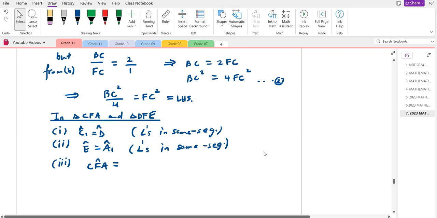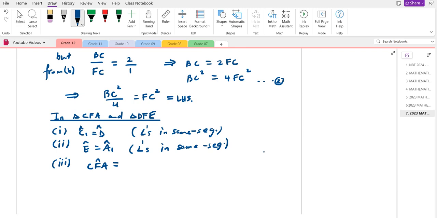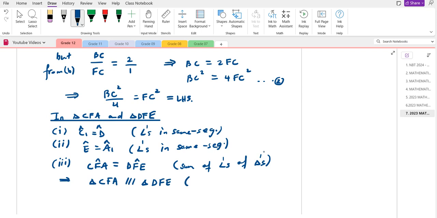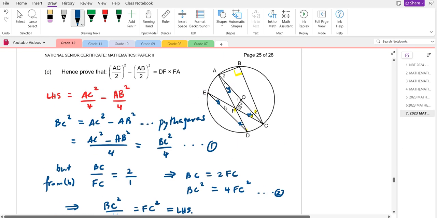So CFA is equal to DFE, and that is sum of angles of triangles. This implies triangle CFA is now similar to triangle DFE, and that's angle, angle, angle. CFA is similar to DFE.